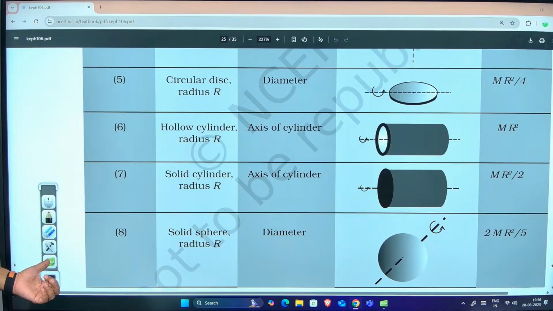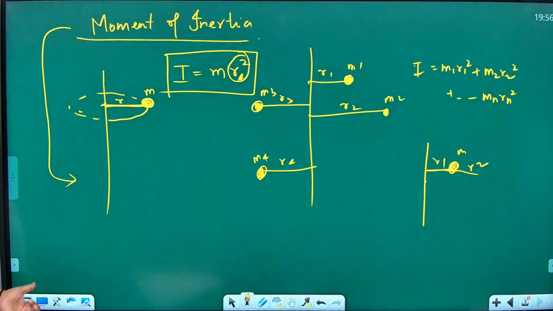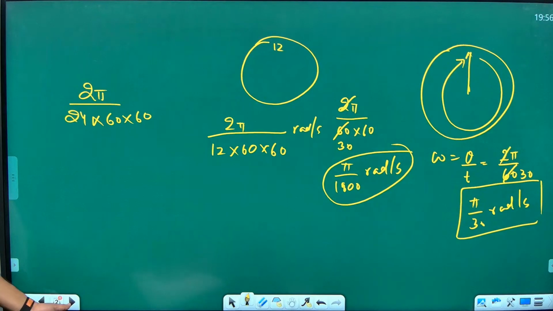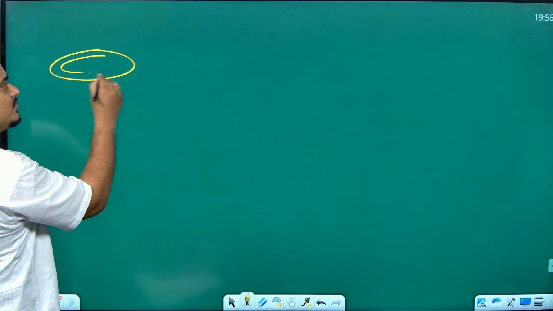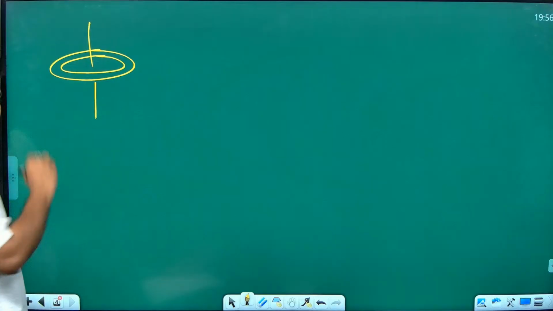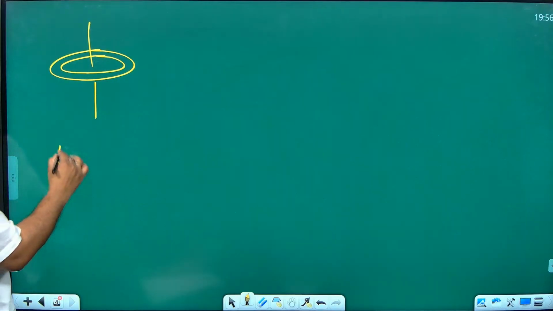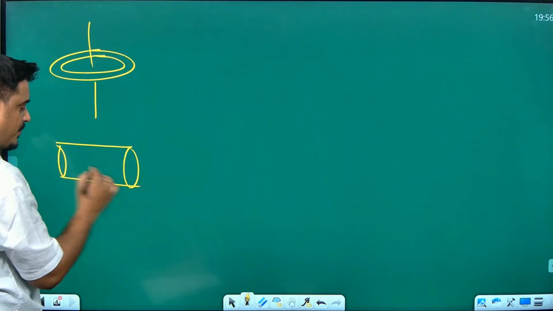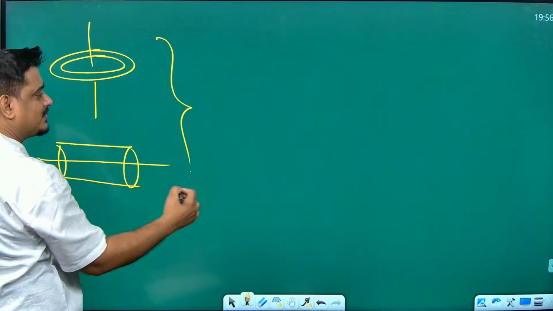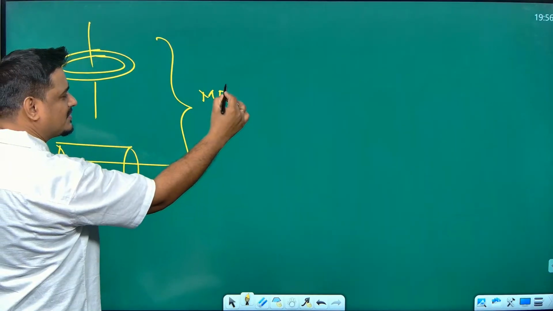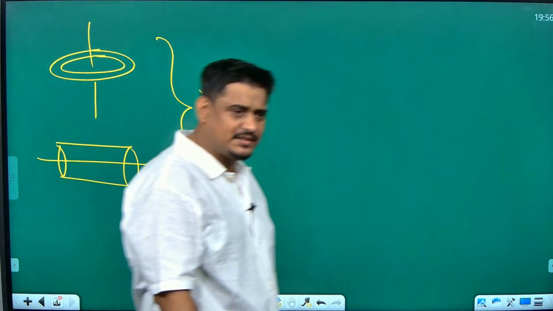So if you notice, one way I'll tell you to remember: for a ring and for a hollow cylinder, what is the moment of inertia? You notice that?